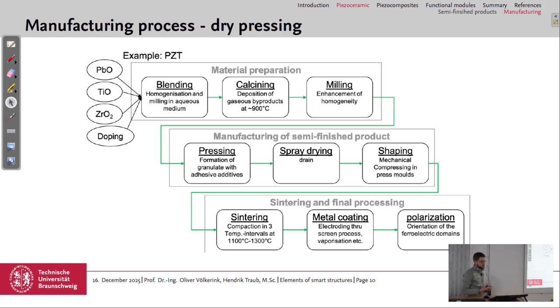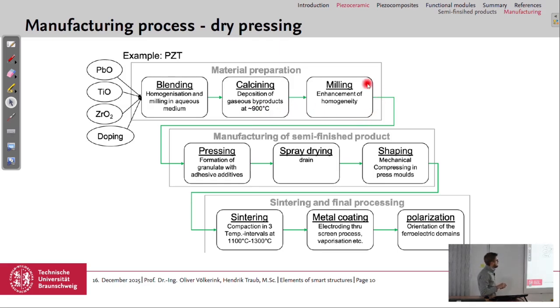One manufacturing process is dry pressing. As incoming products, you have lead oxide, titanium oxide, zirconium dioxide, and some doping elements, for example. Then you blend them, homogenize and mill them in an aqueous medium. Then there is a calcination process at 900 degrees Celsius to get rid of some byproducts you don't want to have in the blend.